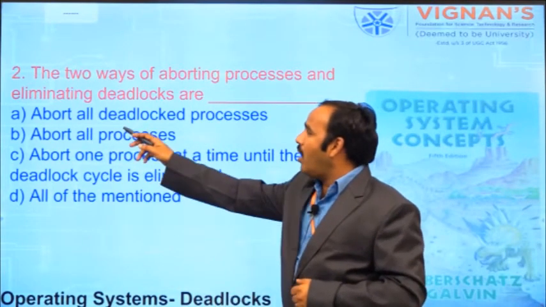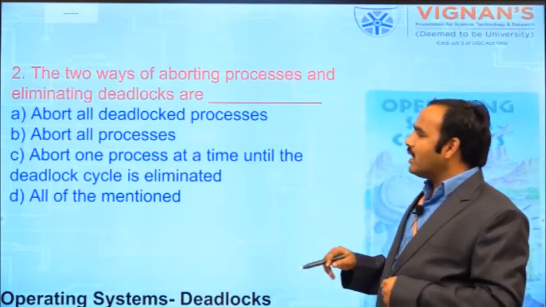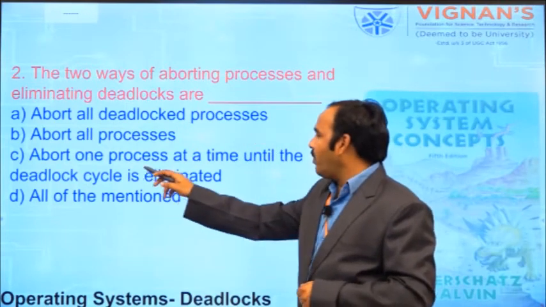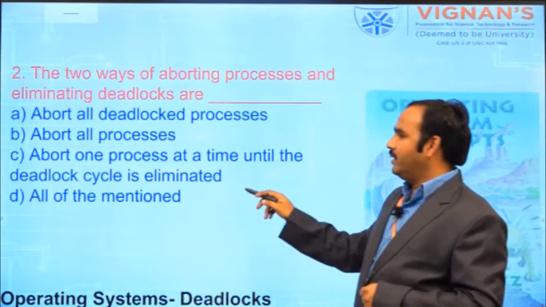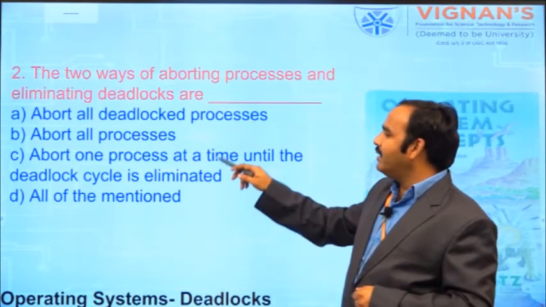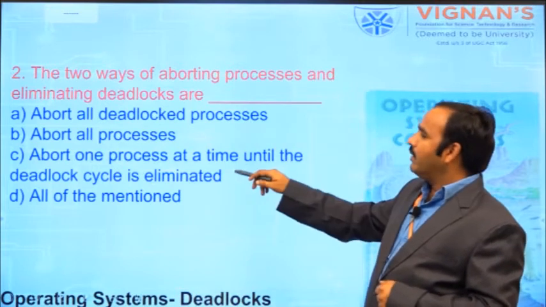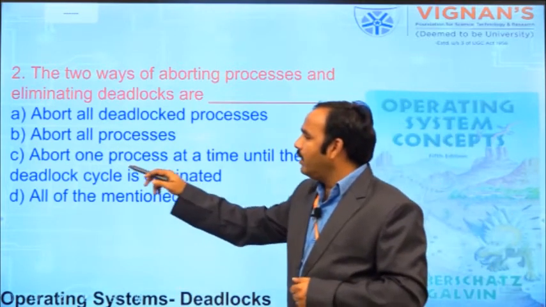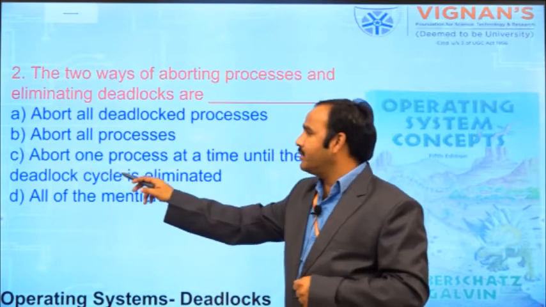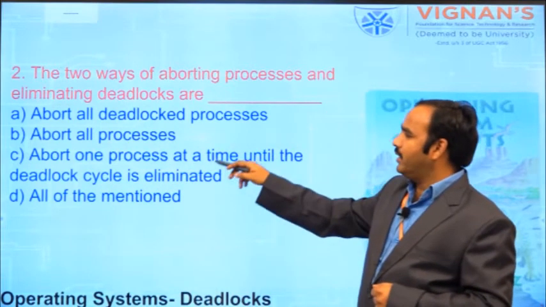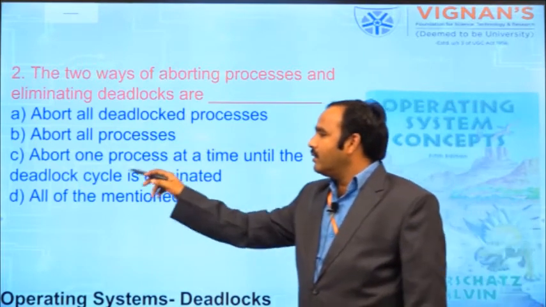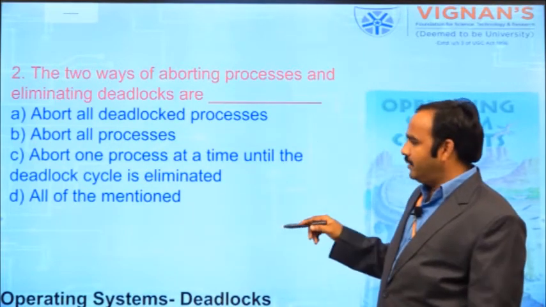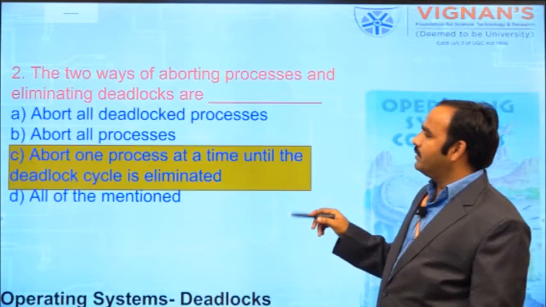A is abort all deadlocked processes, and C is abort one process at a time until the deadlock cycle is eliminated. Both A and C are correct, but the exact answer for this question is C: abort one process at a time until the deadlock cycle is eliminated. So the correct answer is C.